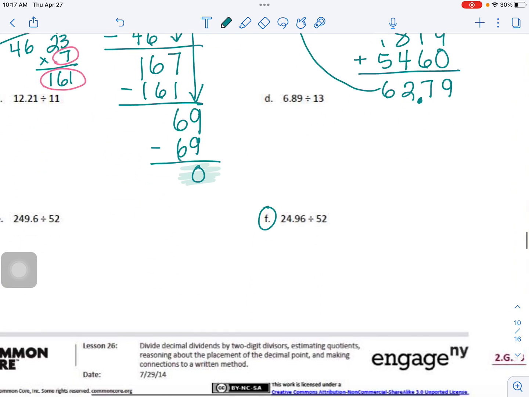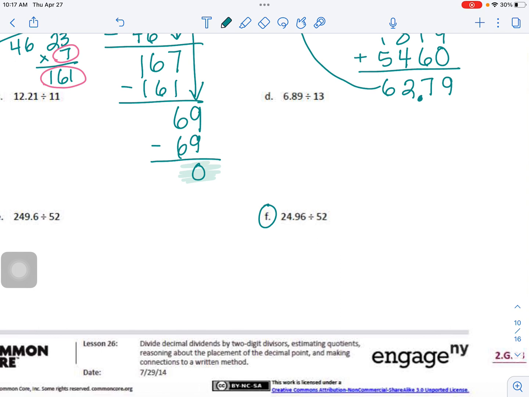Okay, let's take a look at F. Going to do F kind of the same way. 24.96 divided by 52. Pop my decimal up because I'm dividing by a whole number. This one's a little different.